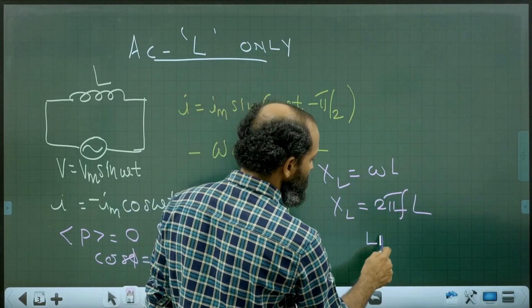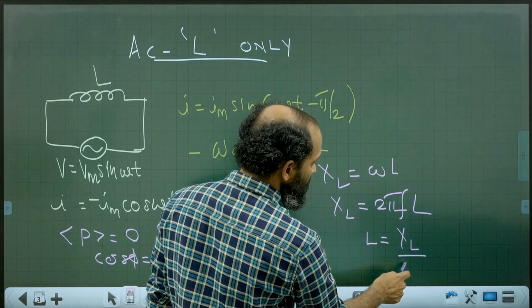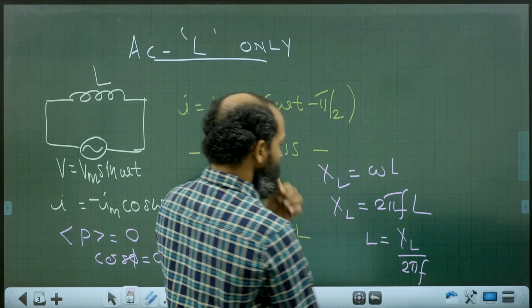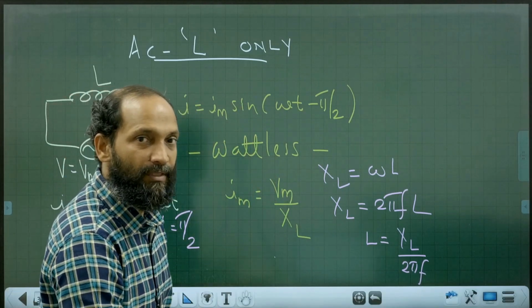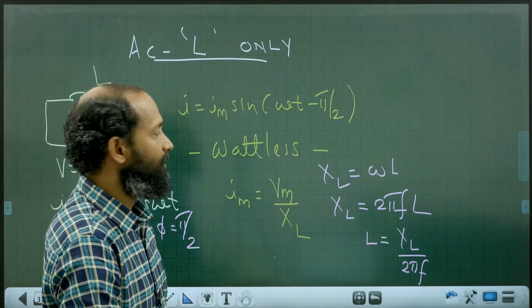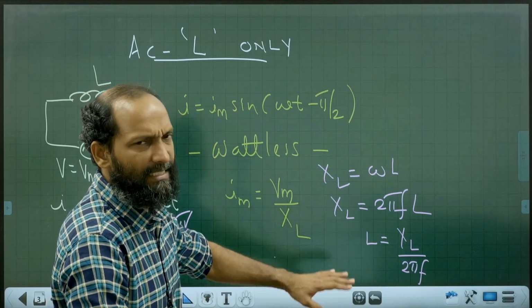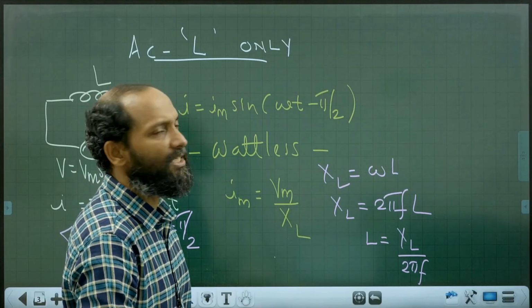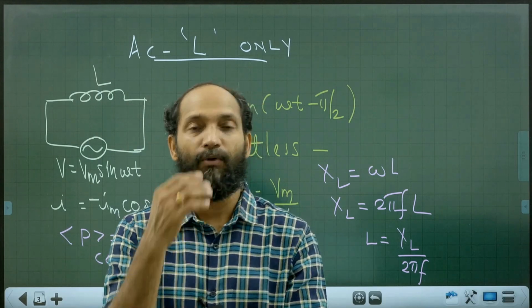From this, you may be asked to find the reactance when frequency is given, or you may be asked to find the inductance. Inductive reactance and resistance have the same units and dimensions. Resistance unit is ohm, so inductive reactance also gets the same unit. The unit of inductance is different, that is Henry, which we have already discussed.